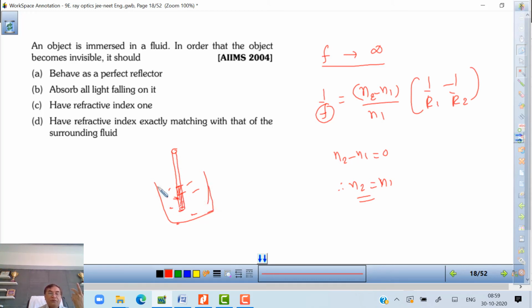We can see this in the laboratory if we have benzene and a capillary. When you dip a capillary in benzene, you cannot see that part. And only the fingerprint is visible, because the fingerprint has a different refractive index, so you can see fingerprints in that benzene. Okay?